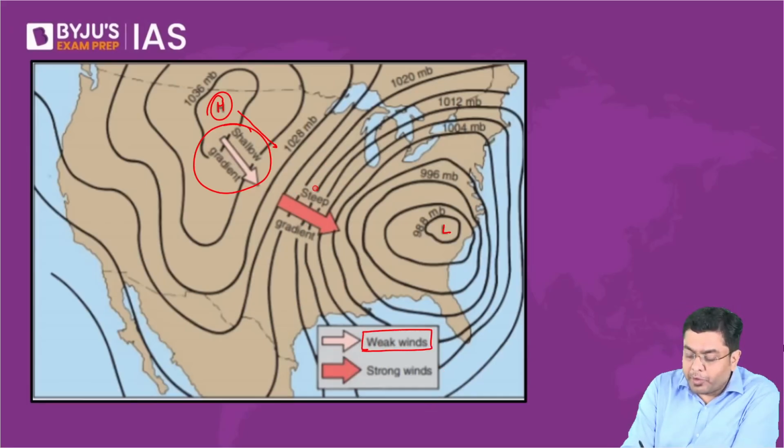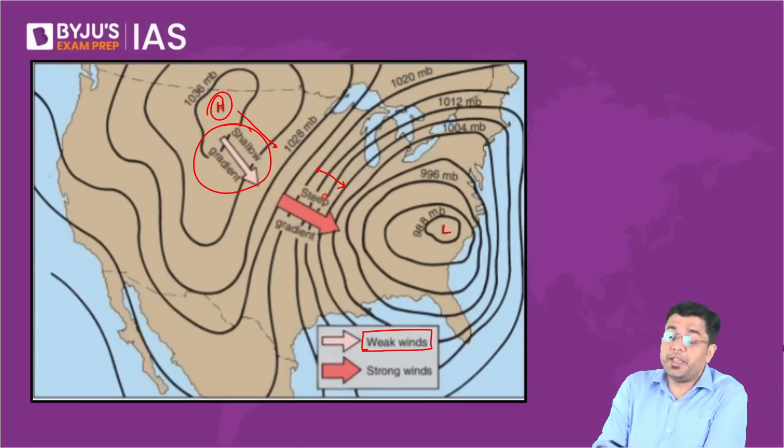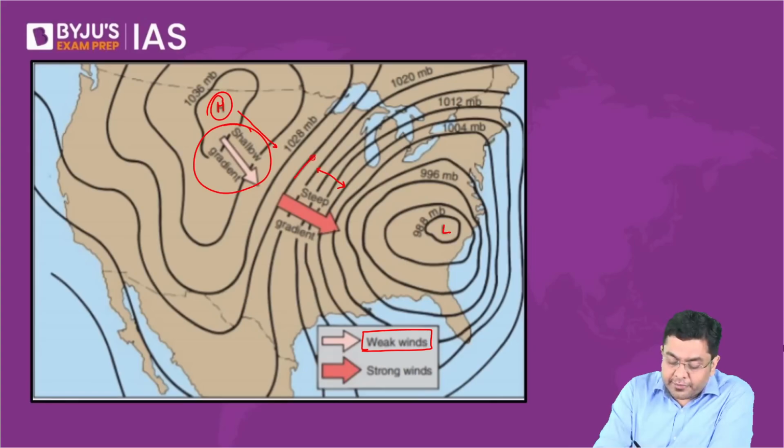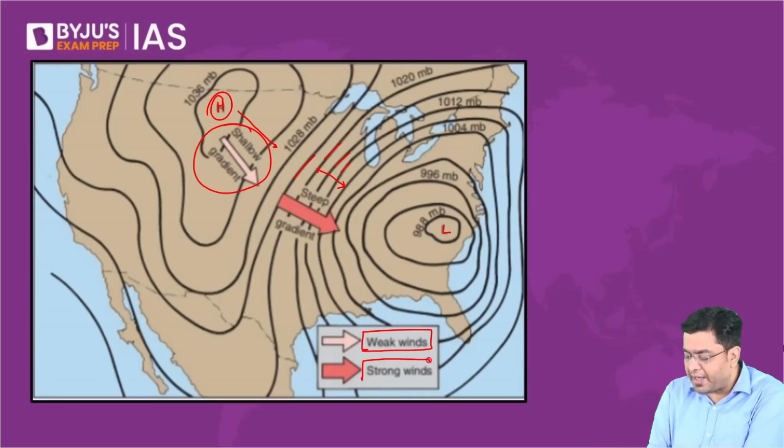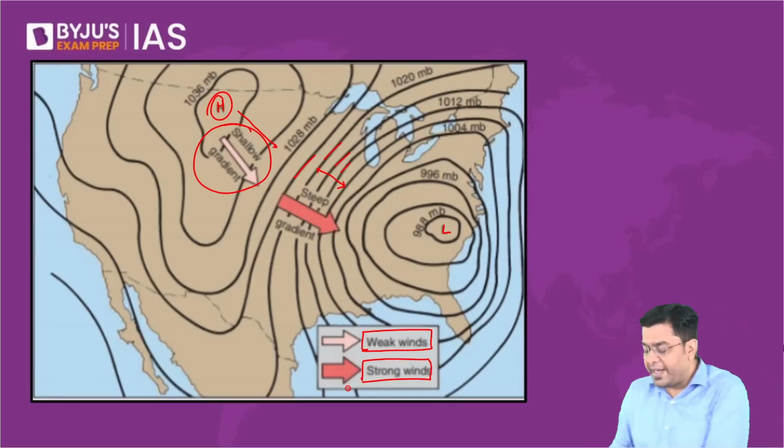And when the isobars are closely spaced, that means in a very short distance, the pressure is changing drastically. So the difference in pressure, or the pressure gradient, is going to be very high, and that will always end up initiating strong wind movement.